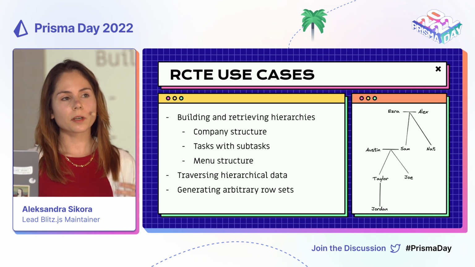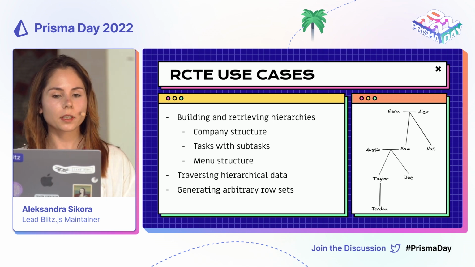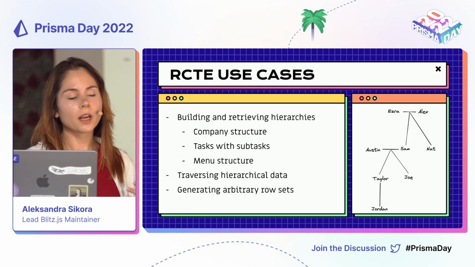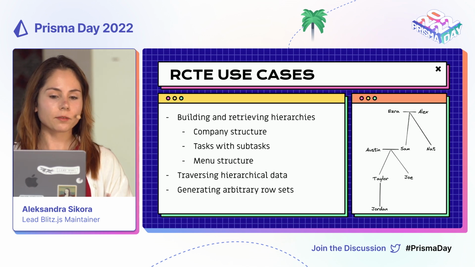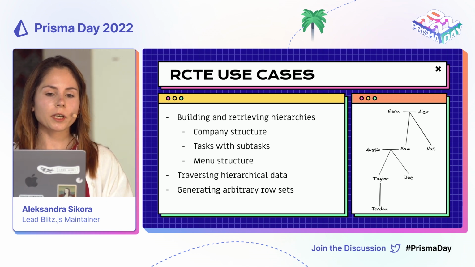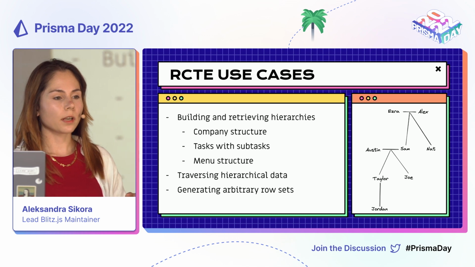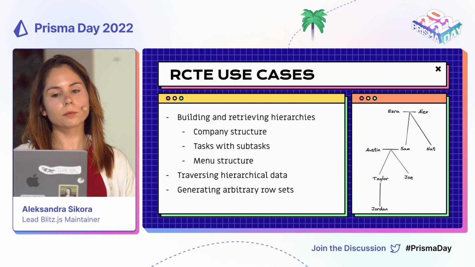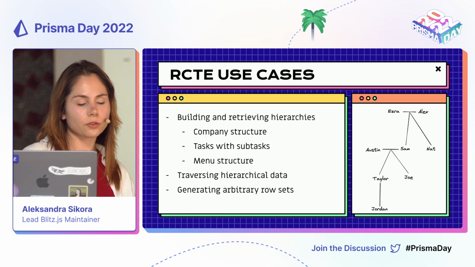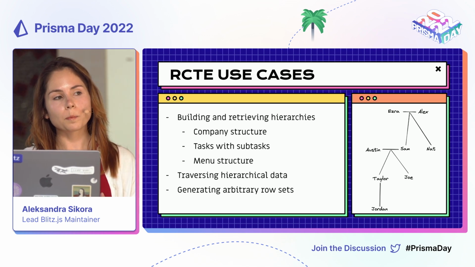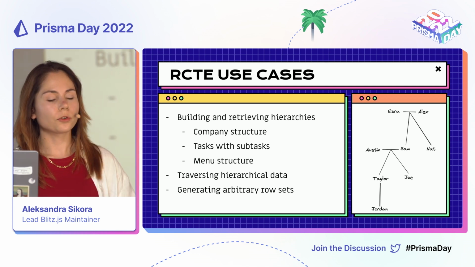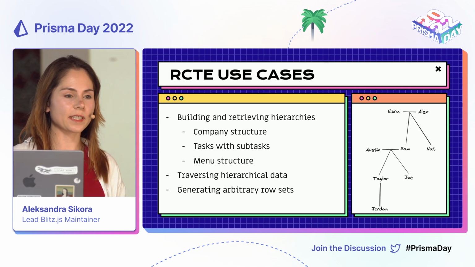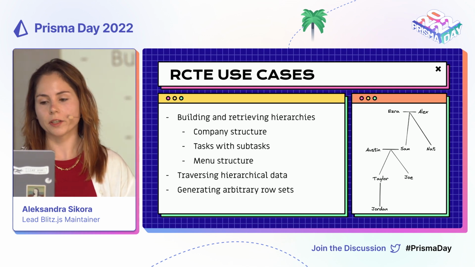Like when you have hierarchical data in your database, like company structure, tasks with subtasks, maybe multi-level comments, or something similar, then they make it easy to build and get data from those tree-like structures. And they can also traverse the data easier. And they also let you generate arbitrary row sets, as we saw in the first example when we generated a series of tens.